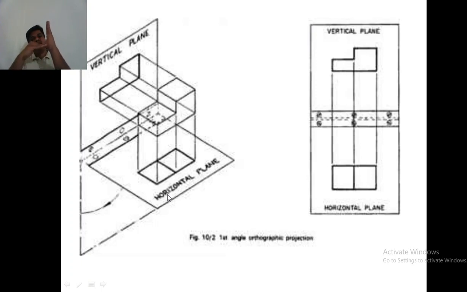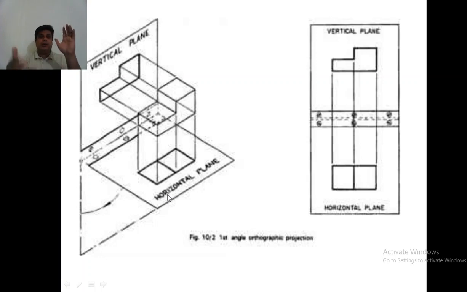So now the first quadrant, or the vertical plane is here, the horizontal plane is here. While drawing these two planes in the drawing sheet, we should rotate the horizontal plane downwards so that the vertical plane and the horizontal plane will be above and below respectively.